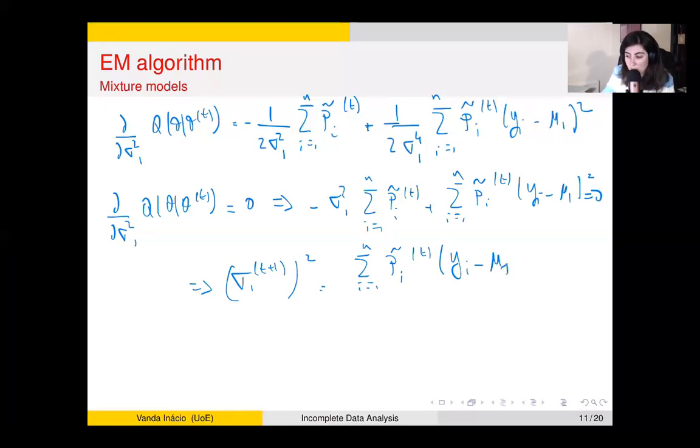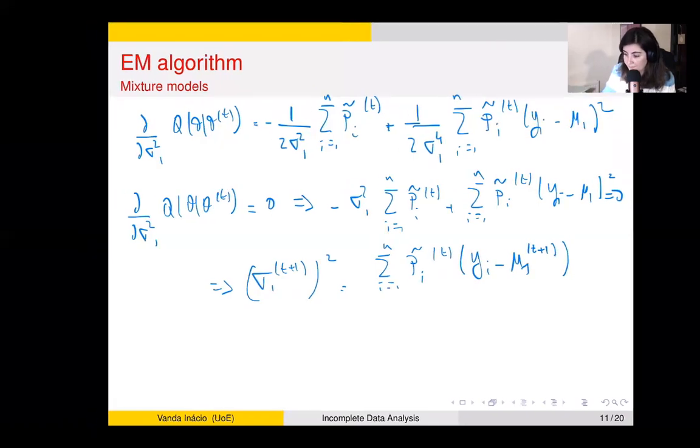Now when I write mu1, I have the most updated value, right? When I implement in R or any other software, I have already the most updated value for mu1 at iteration t plus 1. Okay.